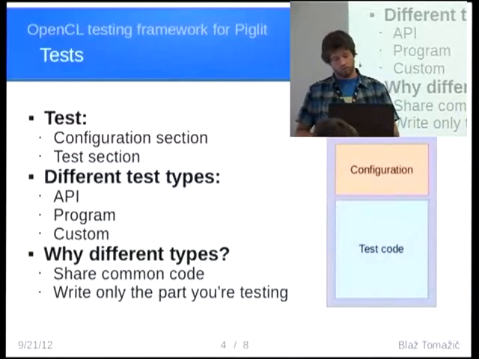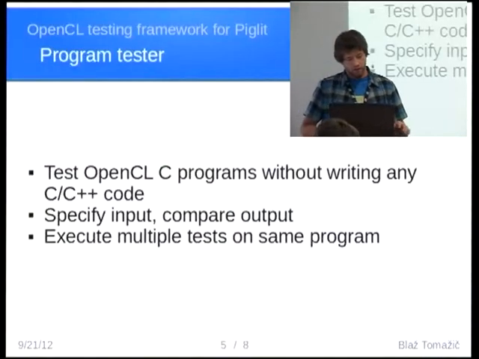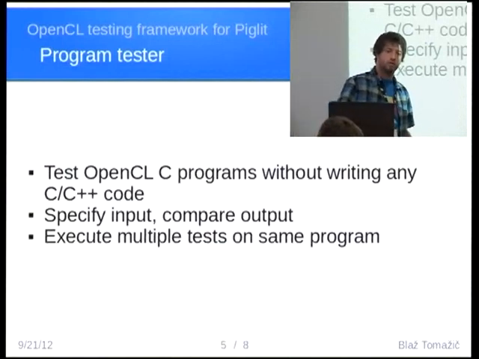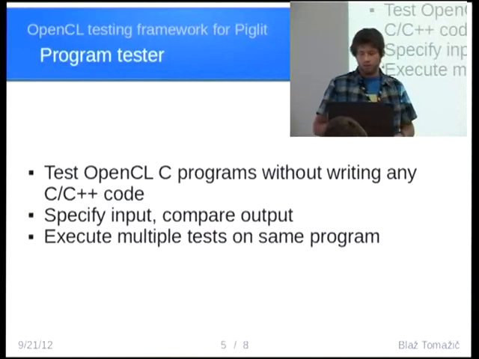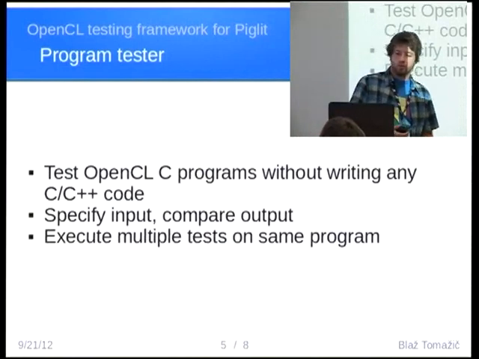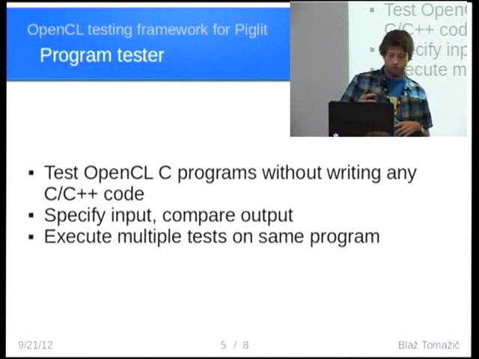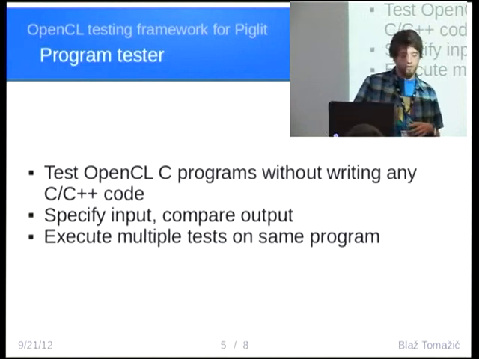The other main part, which I worked on most of the time on this EVoC project, was a program tester, a binary to test OpenCL C programs. I designed it so that you could create the configuration in a comment in a CL file.